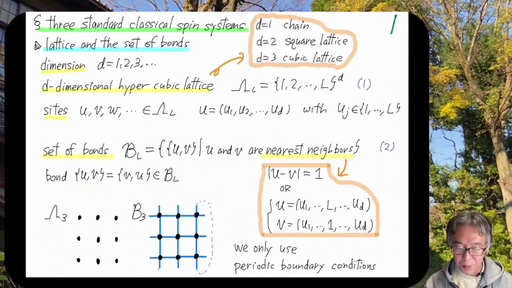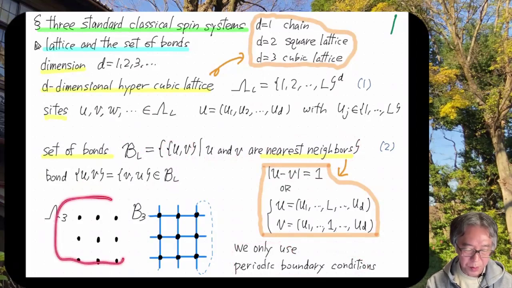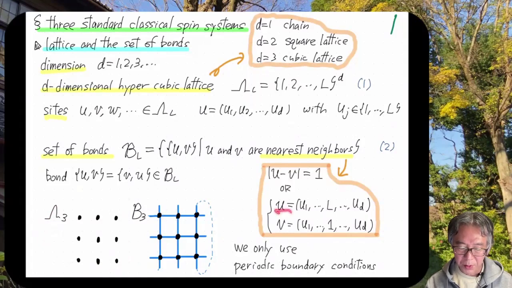By nearest neighbor I mean that their distance is 1, or that they are neighboring in the language of periodic boundary conditions. Here's a simple picture of the square lattice with L equals 3, and a picture of the corresponding bonds. These two sites are neighbors, so this is a bond, and this is also a bond. But we take periodic boundary conditions, and u and v satisfying this.